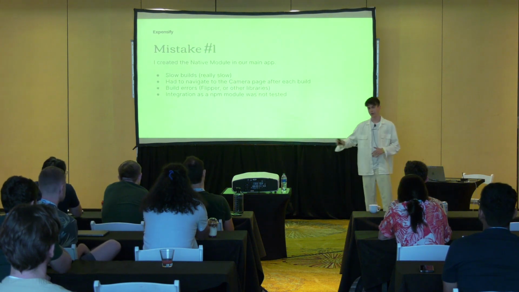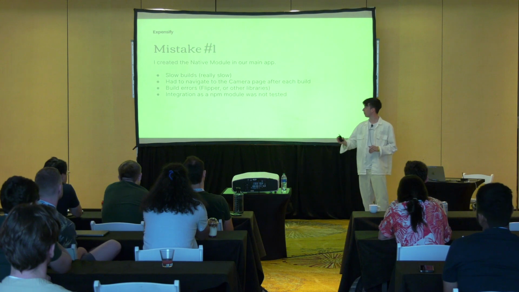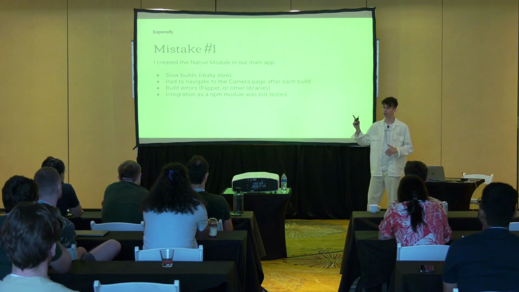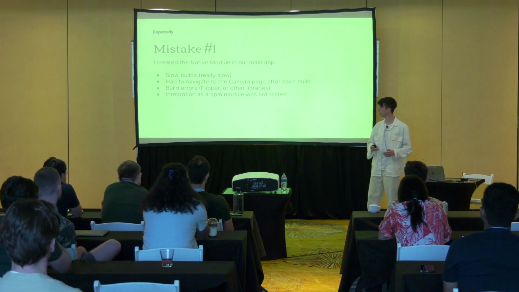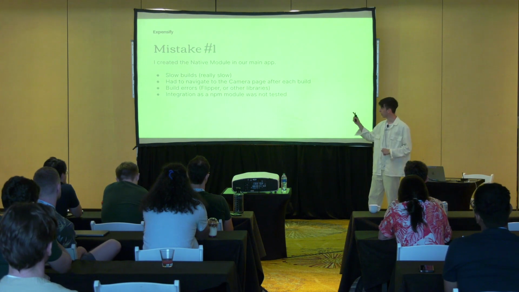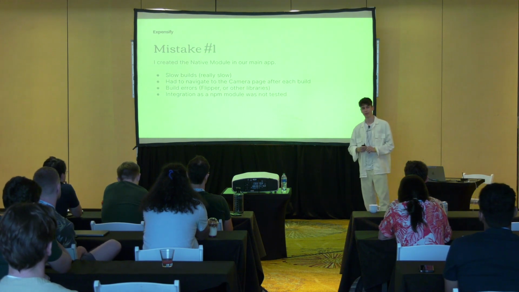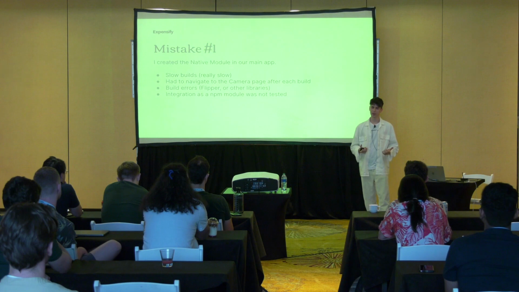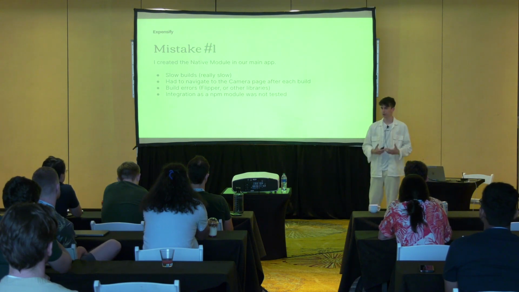I'm going forward in time a bit to give you three tips, or turn my mistakes into tips. So mistake number one: I created the native module in our main app. That was a bad idea. It seemed very obvious that you want to do it in the app you're working on, because that's where the camera should go. But obviously it slowed builds down drastically.